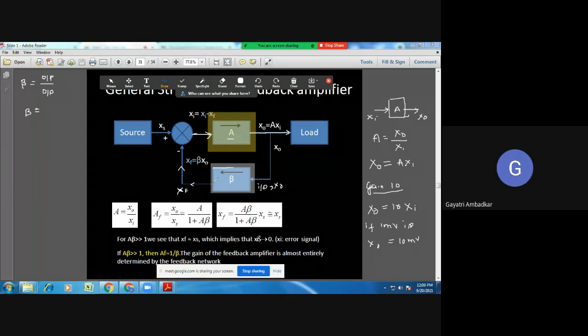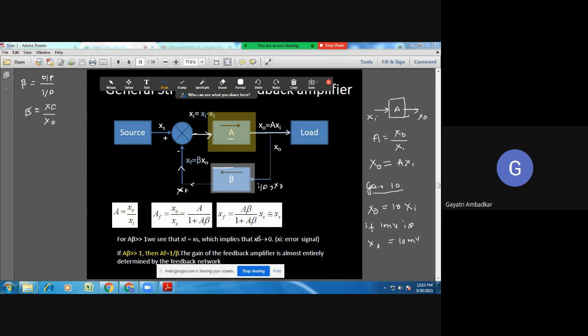Except XF. What is the input to the beta network? Just a minute, I wrote this by mistake, this should be input. So the output of the beta network is XF and the input of the beta network is XO.